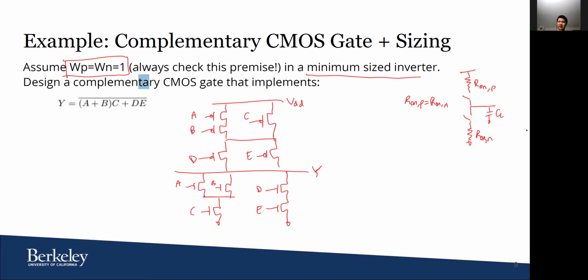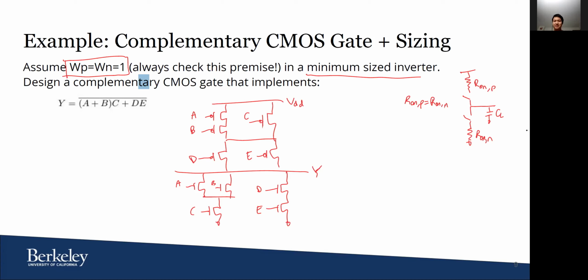So how would we size this? The goal is to have a pull-down resistance equal to that of the minimum size inverter and a pull-up resistance also equal to that of the minimum size inverter. So what is the so-called critical path through all the transistors here? The critical path being the most number of transistors it takes to go from a supply to the output.